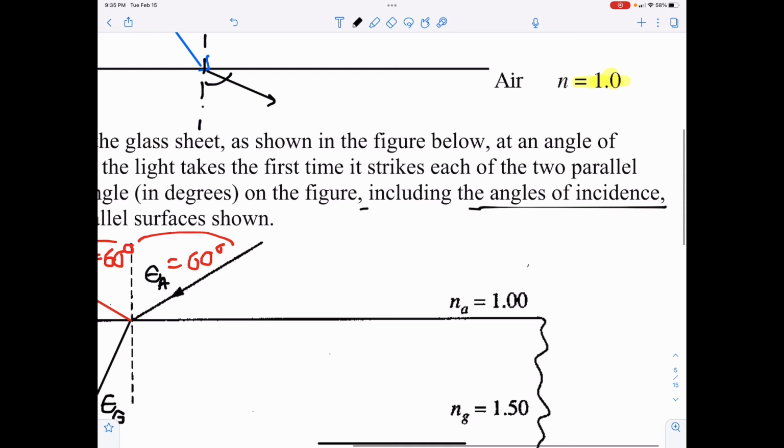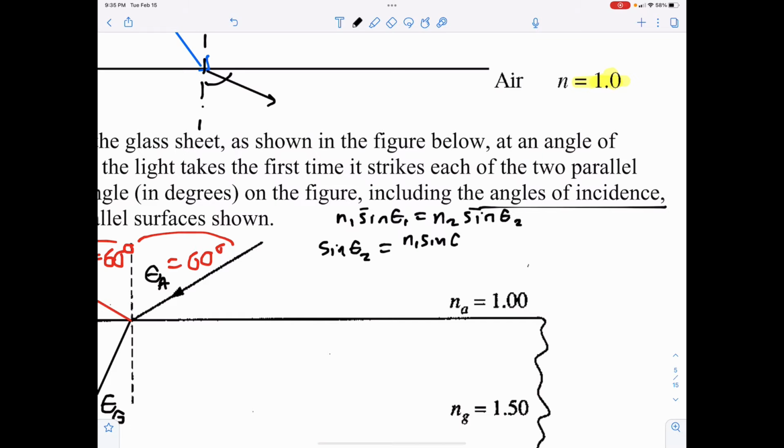We're going to go n1 sine theta 1 equals n2 sine theta 2. We're looking for sine of theta 2, so you have to divide by n2. It's n1 sine theta 1 over n2, which would be 1.0 times the sine of 60 degrees over 1.50.